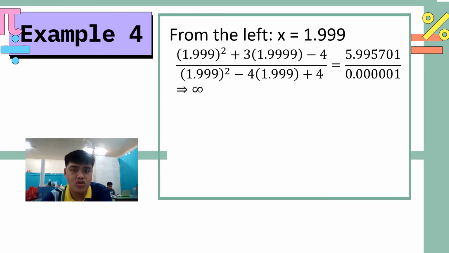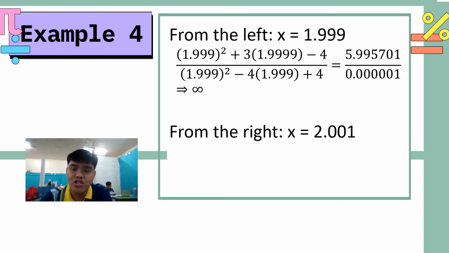Now, when we substitute 1.999 into the function, it results to 5.995701 all over 0.000001. Now, again, when a constant is divided by a very small number, it tends to go to infinity. And in this case, it results to positive infinity since both the numerator and denominator are positive.